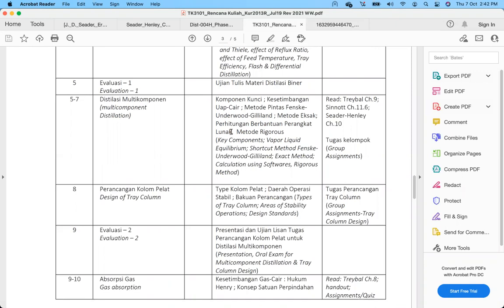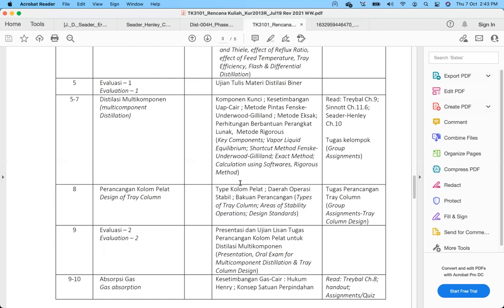You can ask Pak Indra in the TU how to install HYSYS, because we have the institutional HYSYS. I myself also asked Pak Indra to install HYSYS on my laptop, the Windows laptop. So please ask Pak Indra, or I don't know who else you should ask. I think Pak Indra.